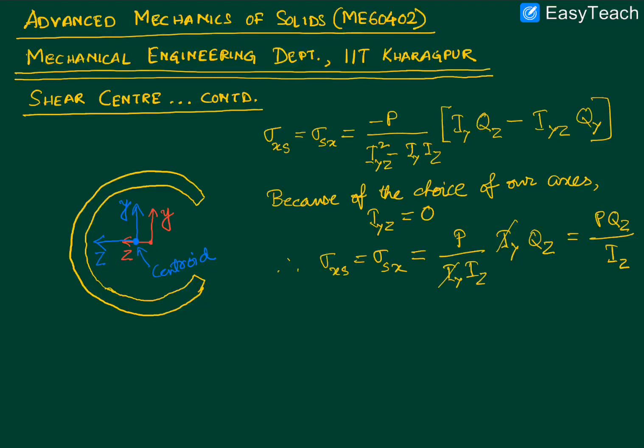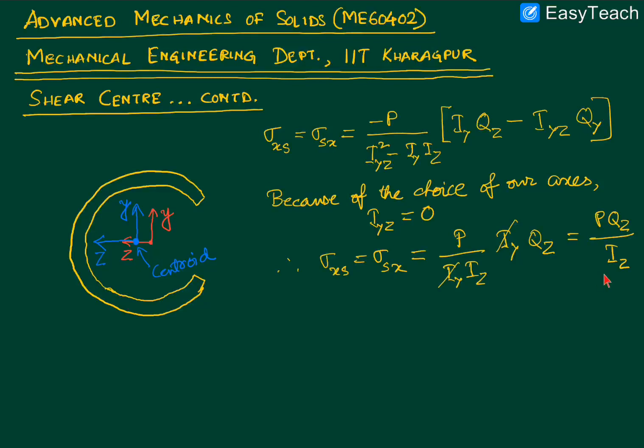I repeat, when I ultimately find out the distribution of shear stress and I want to compute finally the torsional moment due to those shear stresses about a longitudinal axis, it is far more convenient for me to have the longitudinal axis which is passing through this point, this actual center of the circular shape, rather than this one which is a little bit eccentric. Because you see, the distance of all these points which are lying here, they are the same from this, because this is the center of this circular shape.